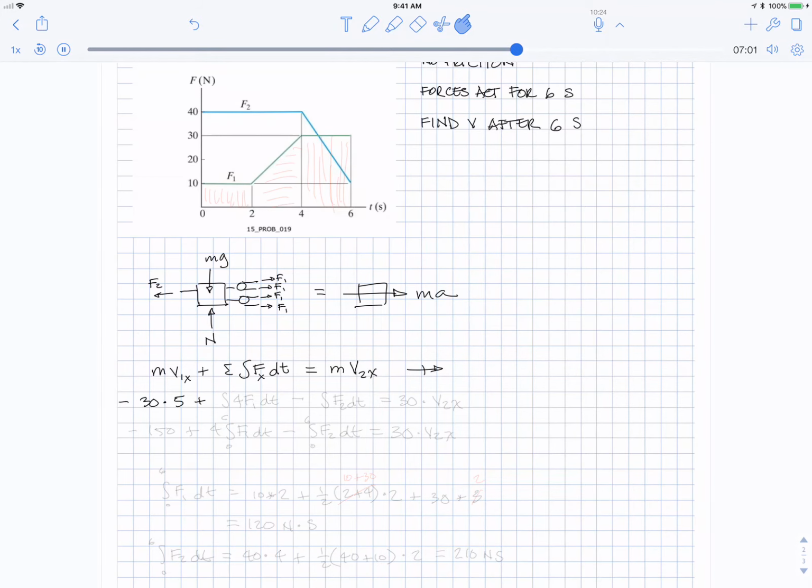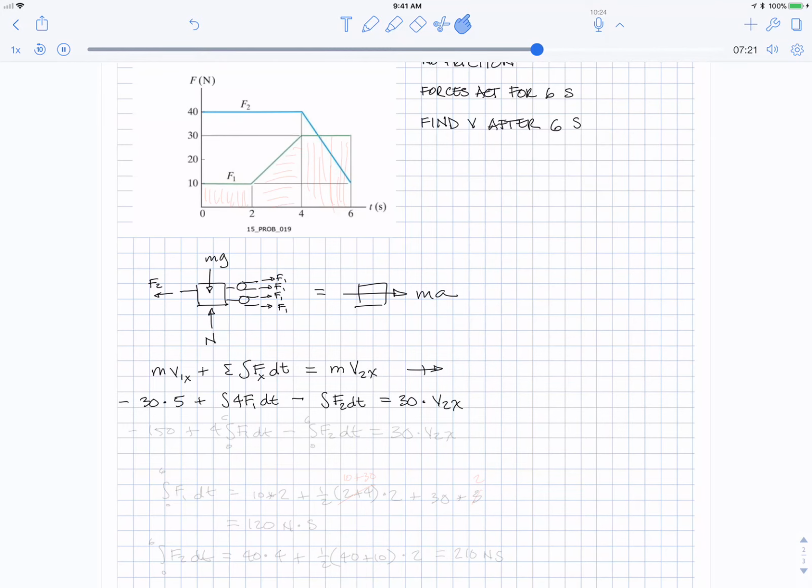Plus, okay, we have the integral to the right of 4 f1s dt minus the integral of 1 f2 dt. And that's going to equal the mass times the new velocity.